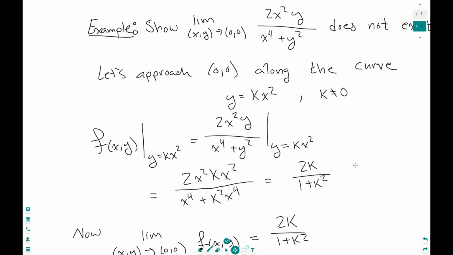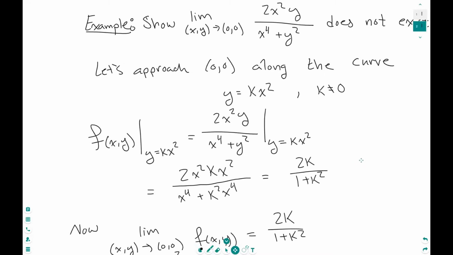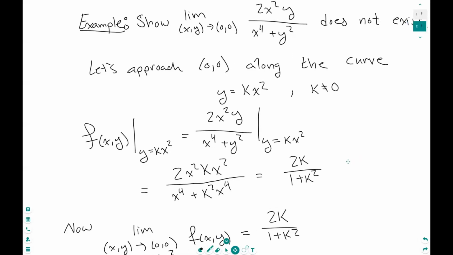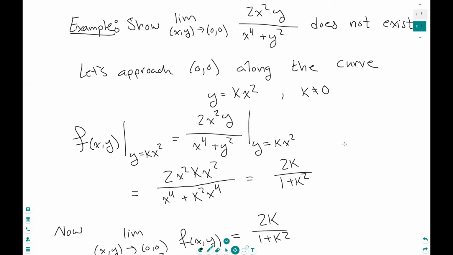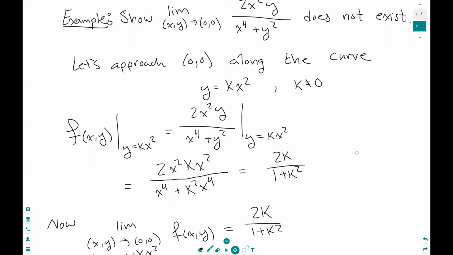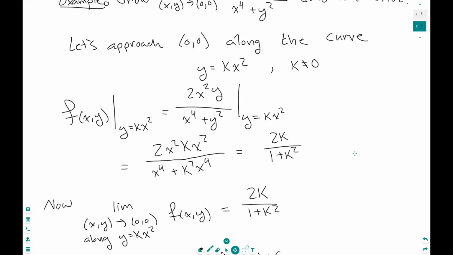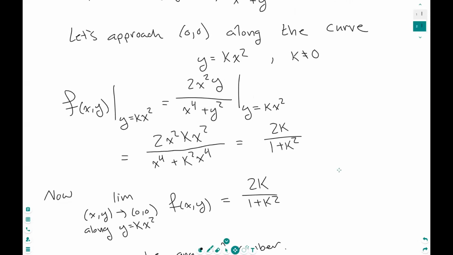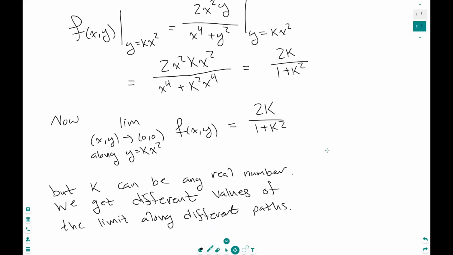I can't just pick arbitrary paths and then say, oh, the limit is definitely this along this path. No, this is how we can prove that the limit doesn't exist, right? All I need to do is show that two paths give me different limits.